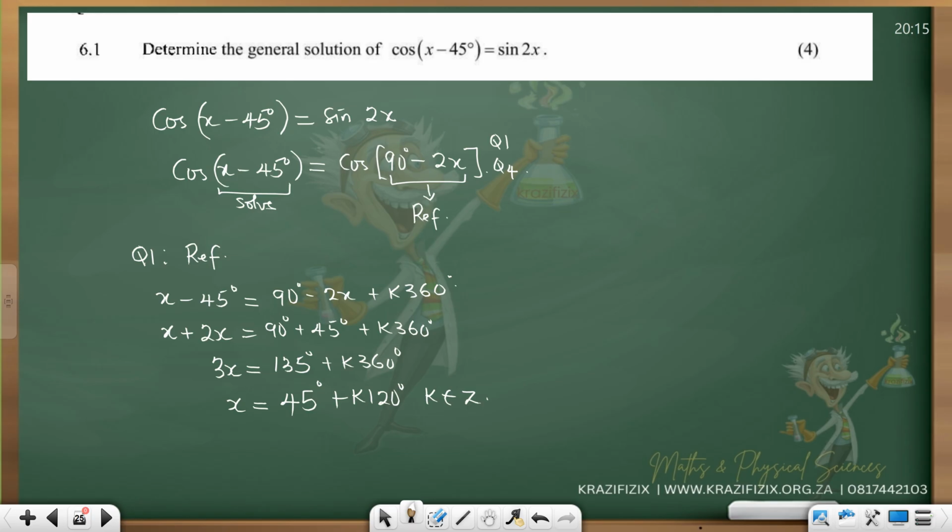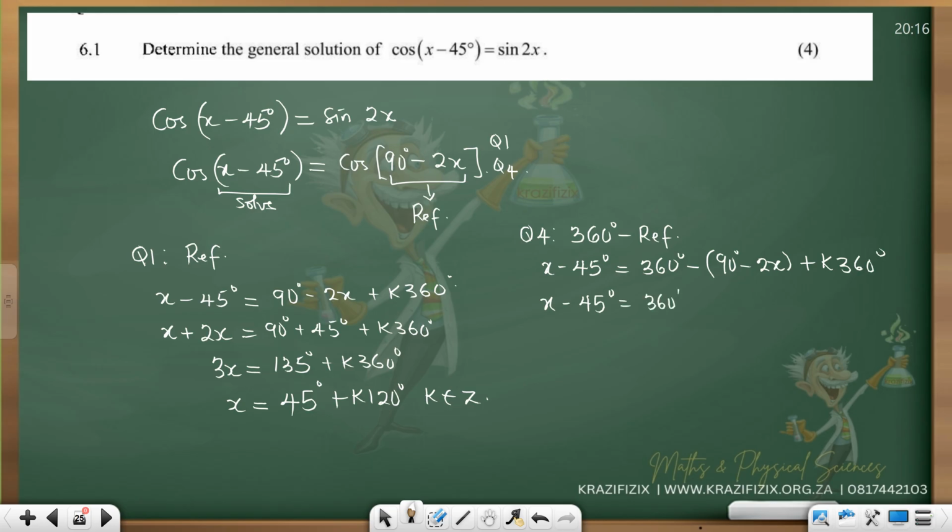And that is Q1, but we still have to do Q4. And what is the reduction formula? 360 degrees minus your reference angle. What are we solving? x minus 45 degrees, 360. Please put a bracket. 90 minus 2x plus k times 360. Basic maths now. 360 degrees minus 90 degrees plus 2x plus k times 360.